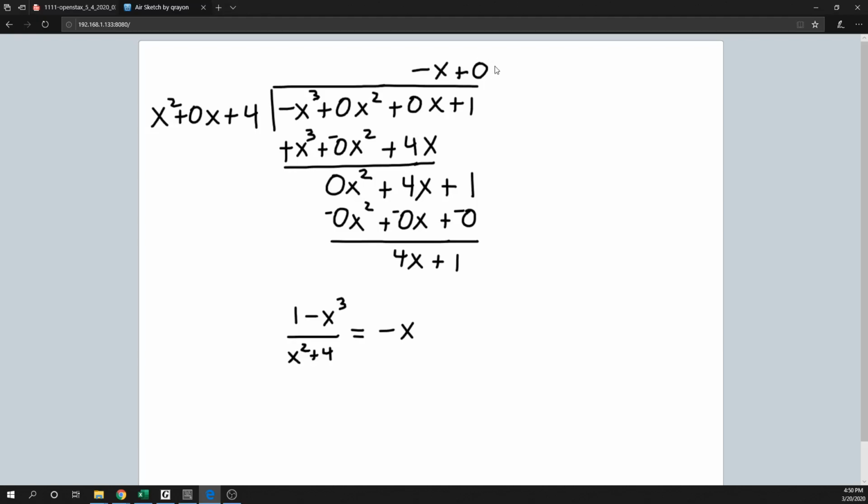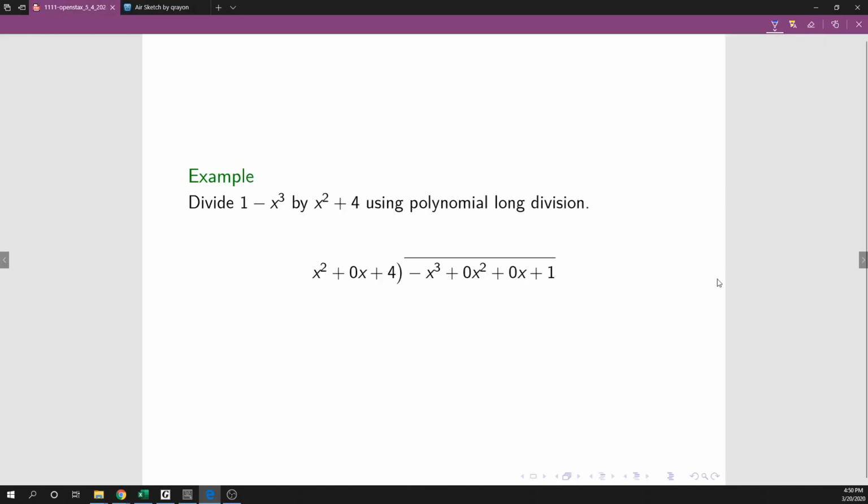In the answer, there's no need to write this plus 0. And then it's going to be the remainder, 4x plus 1, over what I'm dividing by, x squared plus 4. Okay, and that's it. And I think that's the last example for polynomial long division.